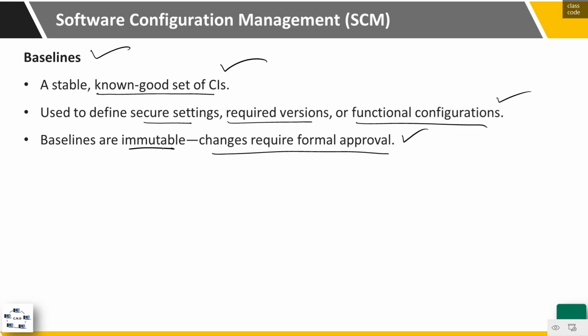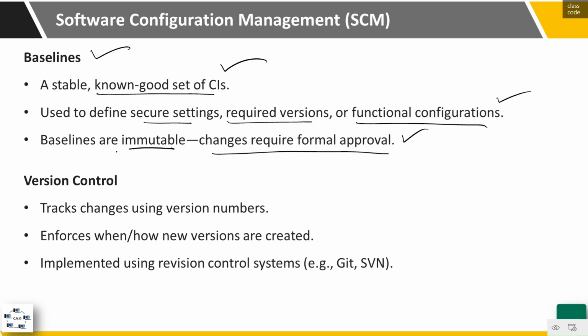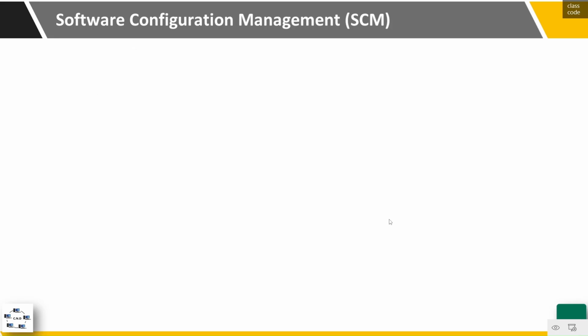They should not be changed without a formal approval or change management. Then we have version control. Version control tracks changes using version numbers and enforces when and how new versions are created. Version control is implemented using a version control system, for example, Git and SVN.